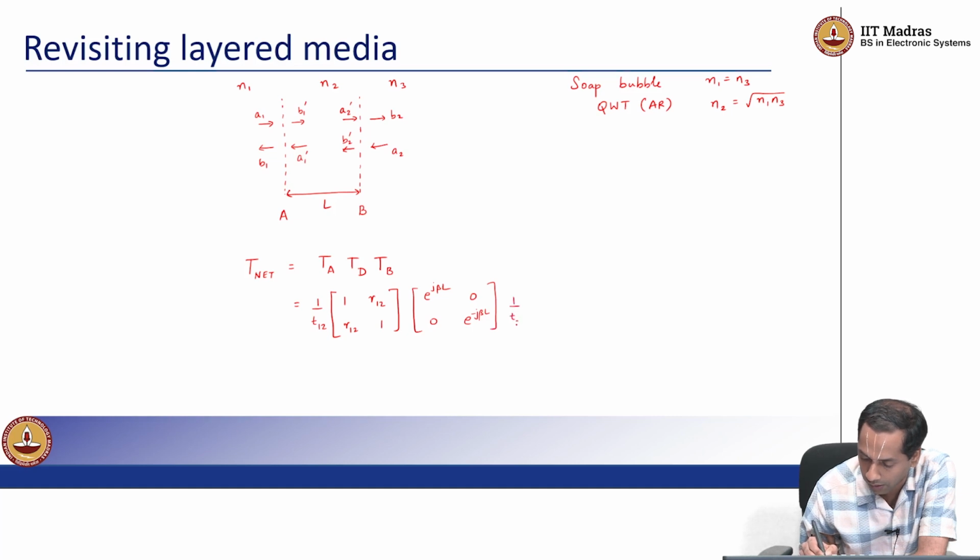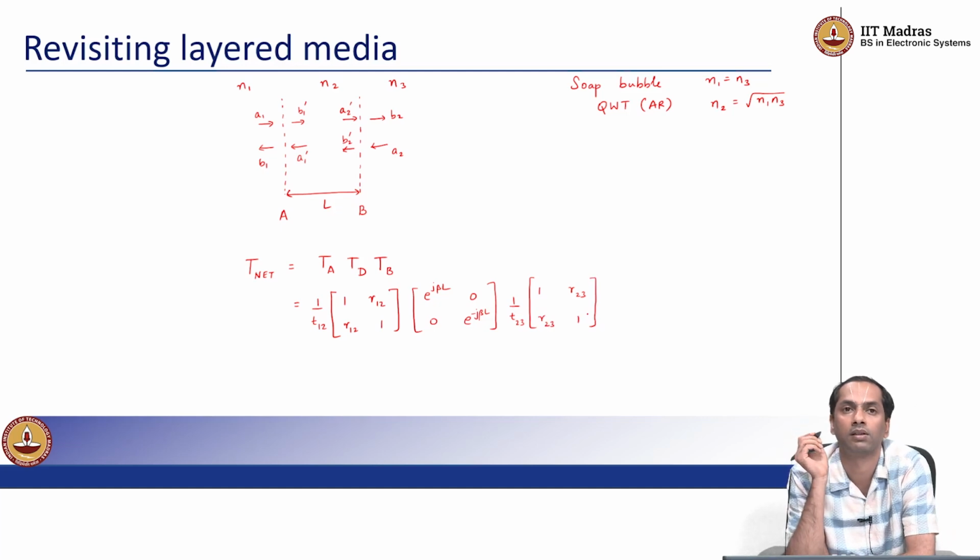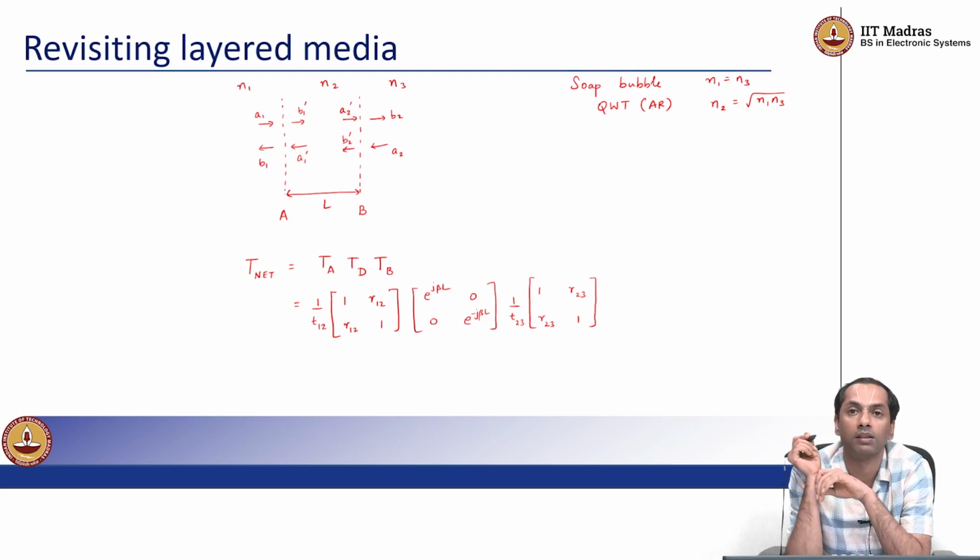Then we have 1 over T23 times [1 R23; R23 1]. So if I give you the values of indices n1, n2 and n3, you can estimate these r's and t's, and given L, you can also estimate beta. You know all the parameters that are in the matrices.